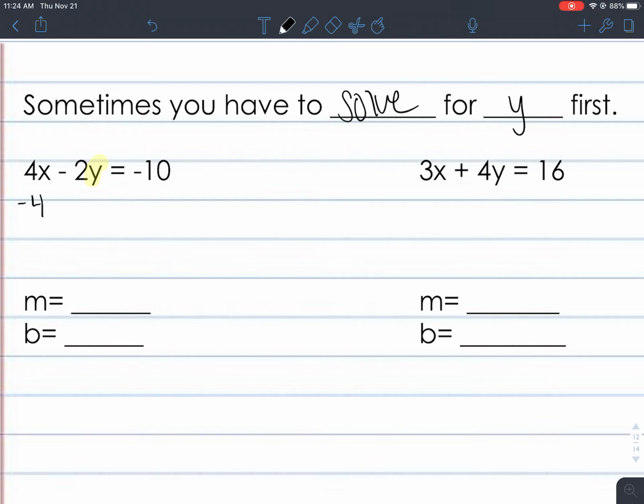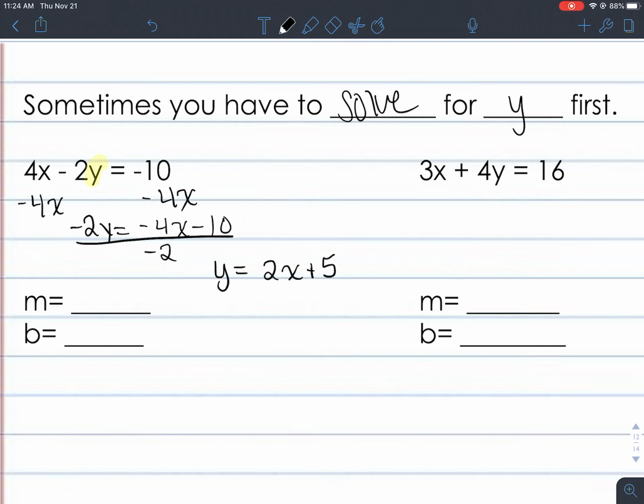So I'm going to subtract 4x from both sides. This is kind of going back to the previous unit when we solved for variables, literal equations. And then we would divide everything by negative 2. And that's going to give us y equals 2x plus 5. Now we're able to identify that the slope is 2, the y-intercept is 5.